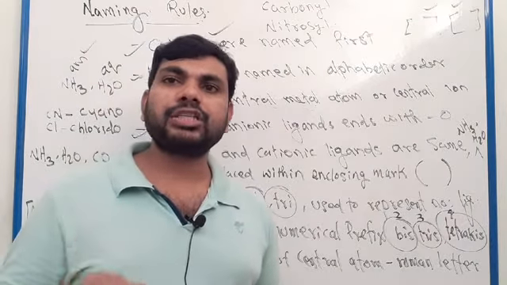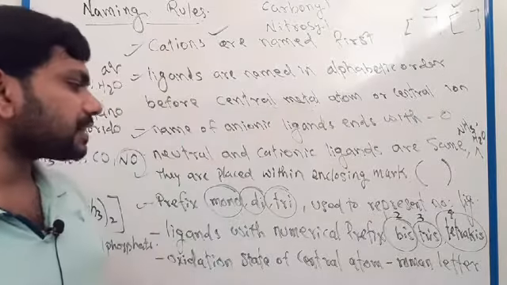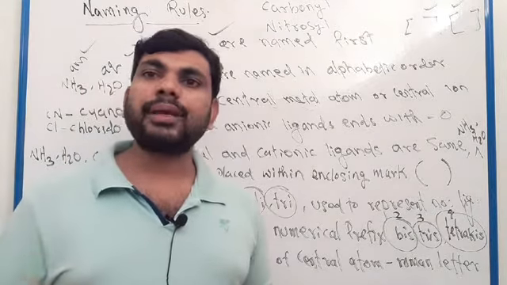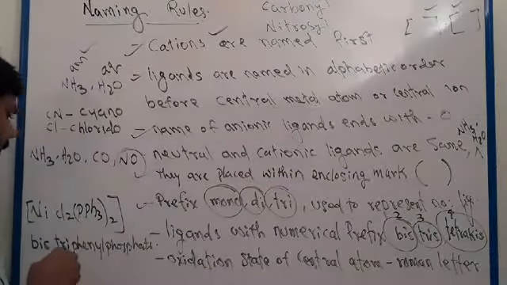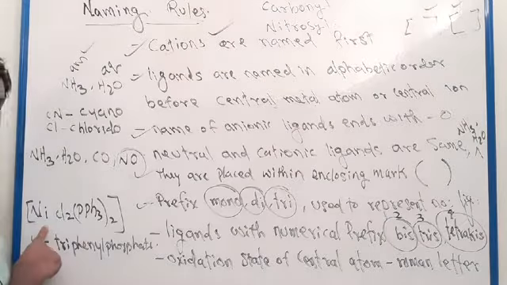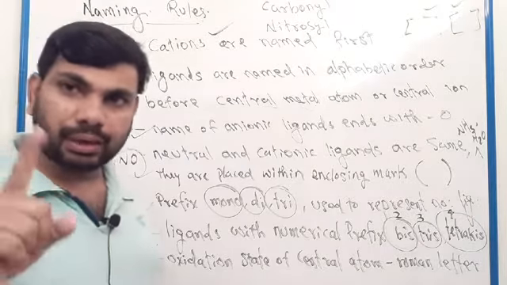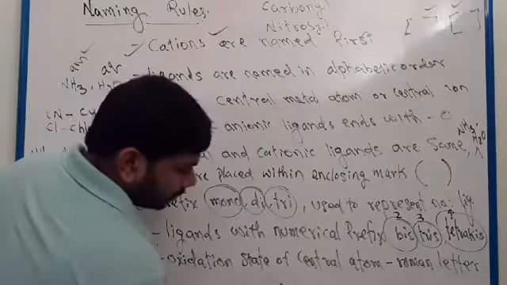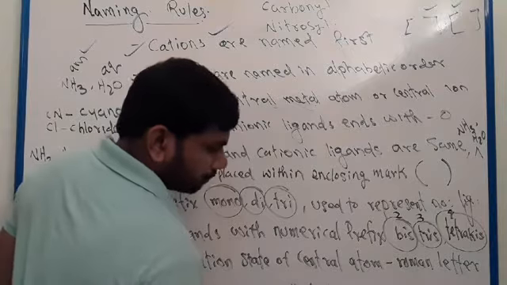Oxidation state of central metal atom is represented using Roman numerals. For example, here nickel. Imagine nickel, its oxidation state is 1.